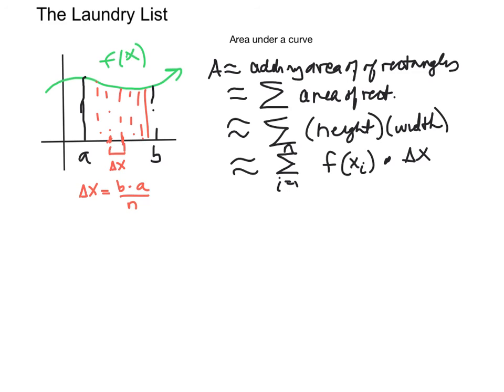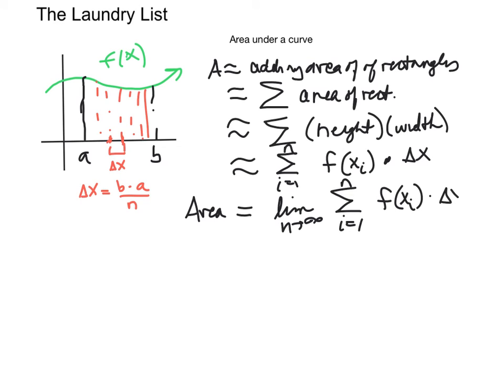All right? And then to get the actual area, I'm going to take the limit as n approaches infinity of the sum from i equals 1 to n of all the heights times all the widths. So the area is going to equal the integral from a to b of f of x dx.